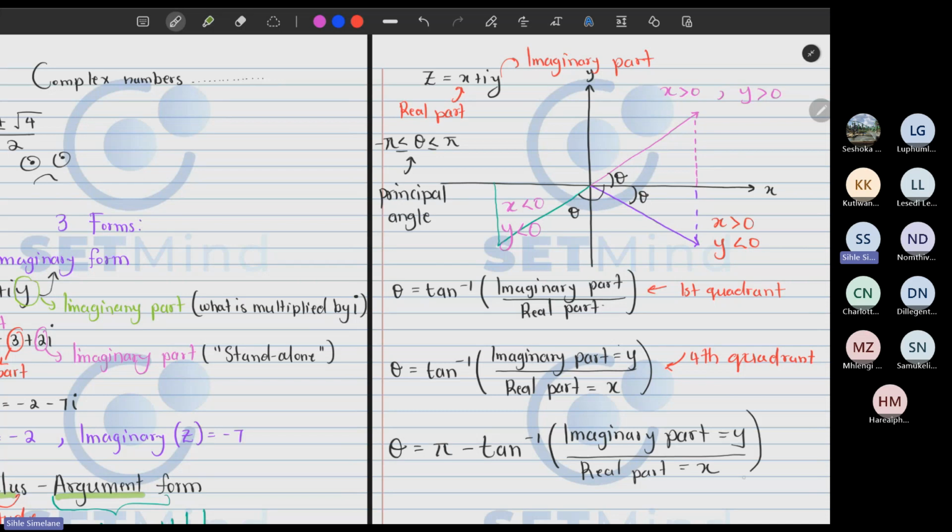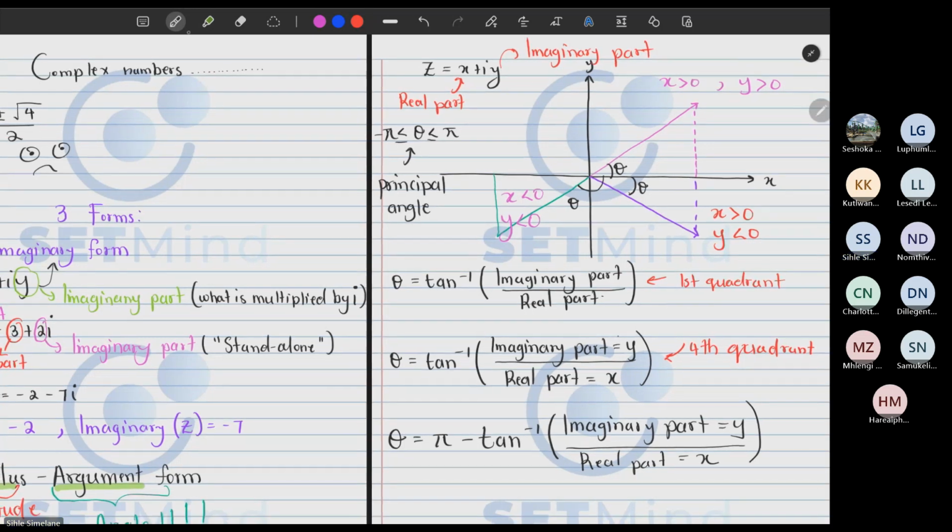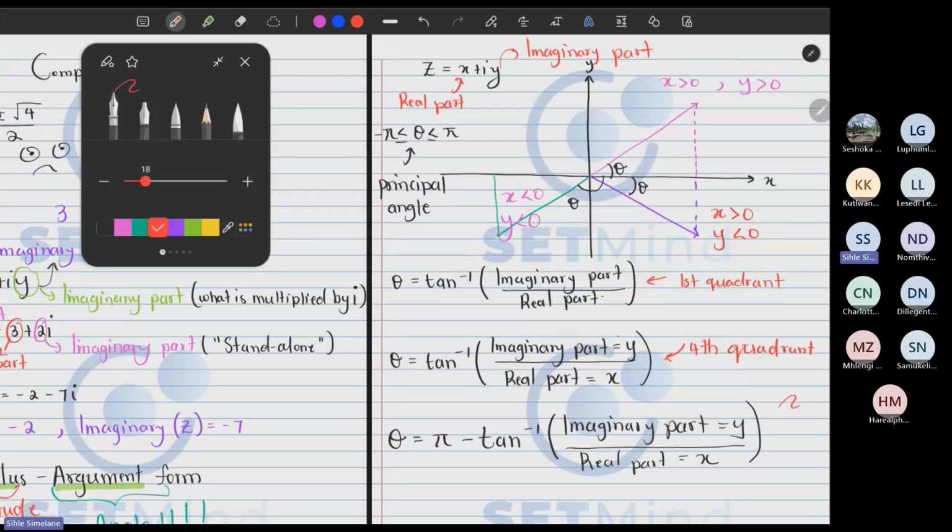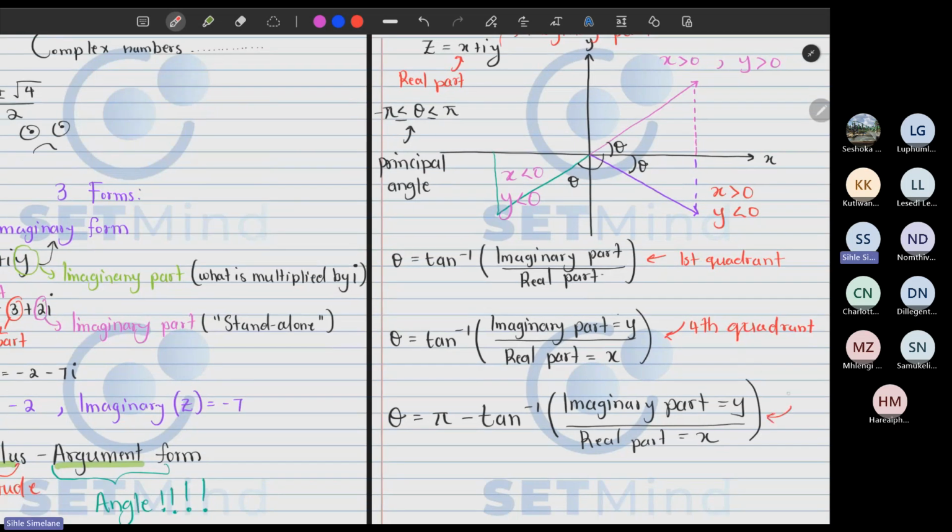You put them with their sign, and that would give you the angle on the third quadrant.